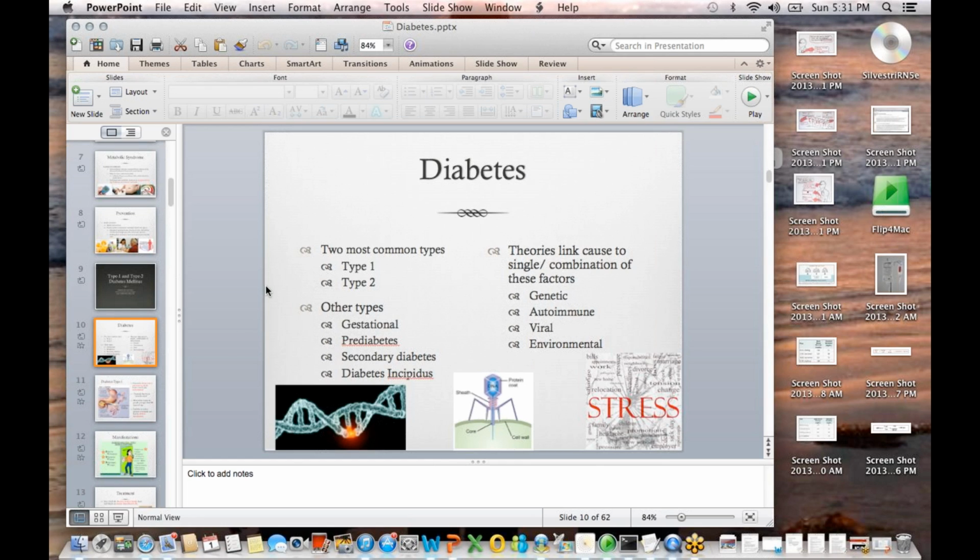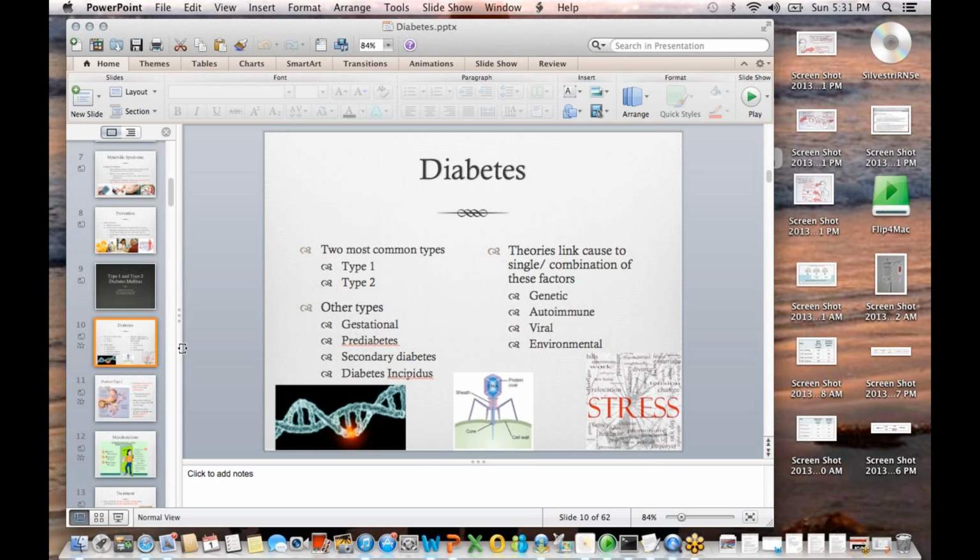Okay, so we went into type 1 and type 2. There are other types of processes that can cause high blood sugar: gestational diabetes, prediabetes, secondary, and diabetes insipidus, but I think that's covered when we talk about it next week.